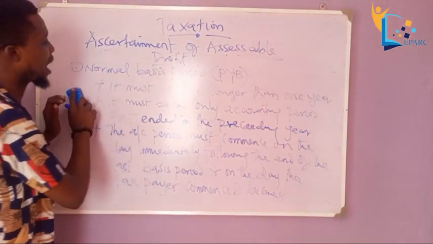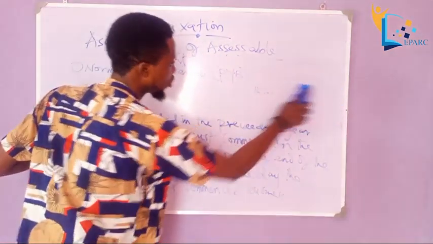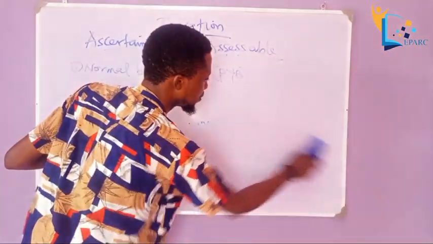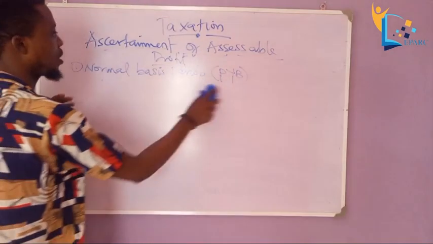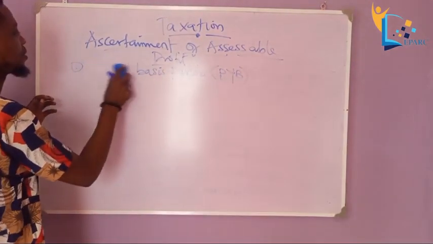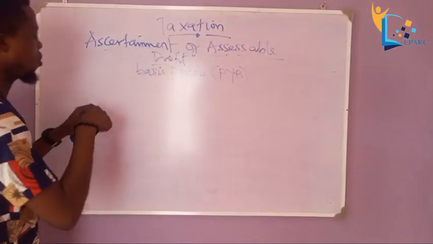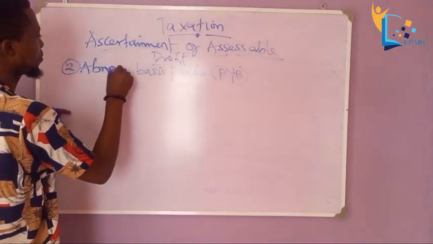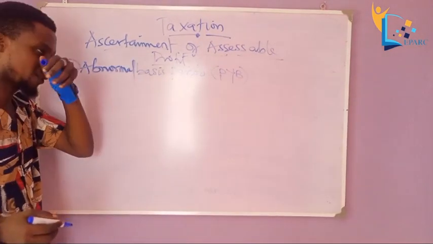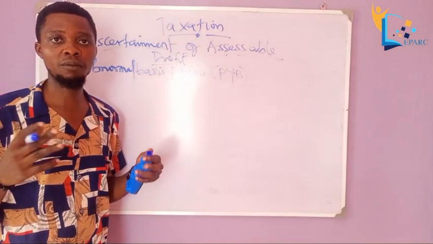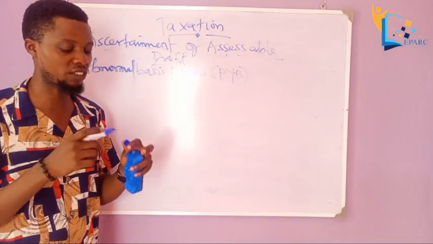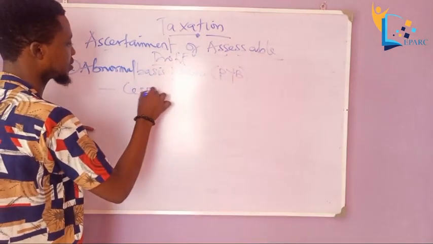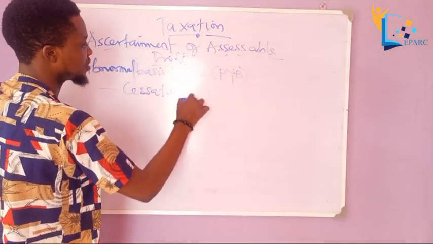Then under abnormal basis period, we have 3 scenarios that may give rise to the use of abnormal basis period. Number one is cessation of business.